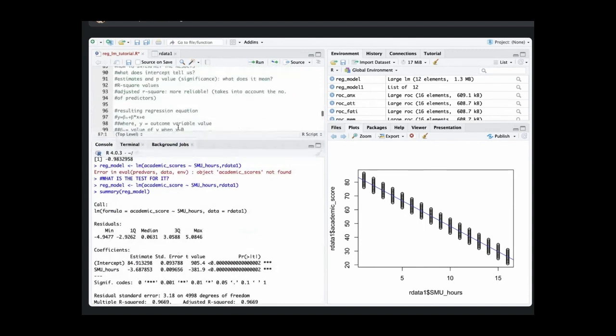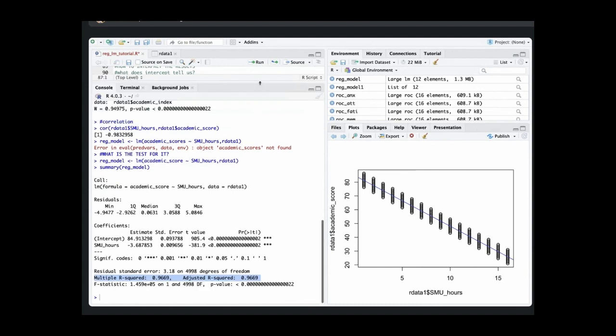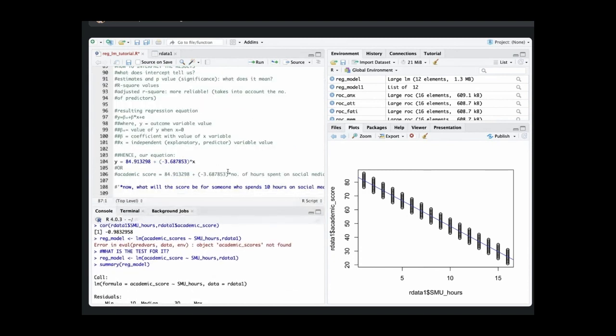Now moving on to R square values. As you can see, there are 2 R square values reported here. One is multiple R squared and the second is adjusted R squared. Usually both of these values are different, but since our data is simulated and it strongly hints towards one side of our hypothesis, both of these are quite similar. But we usually go for adjusted R square, and the reason is quite simple.